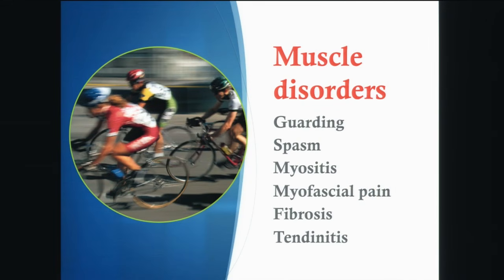The muscle disorders, for the TMJ and the muscles of mastication, are just exactly the same as for any muscles in your body. There is muscle ache, restriction of range of motion, fibrosis, tendinitis. You know, you've had some people with tennis elbow. You can have tendinitis of the jaw as well.